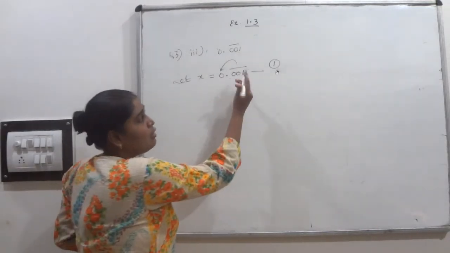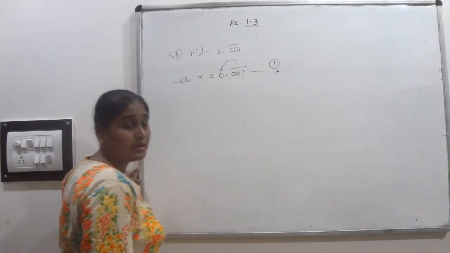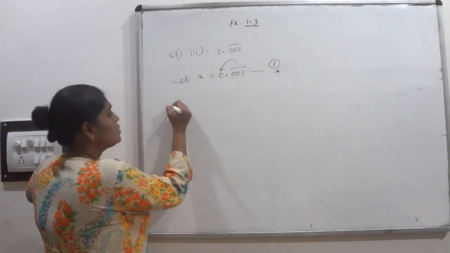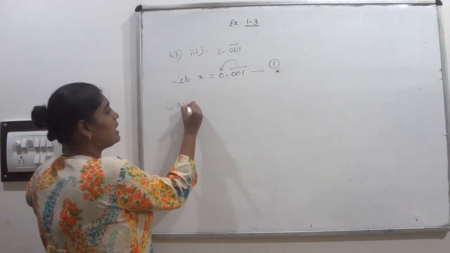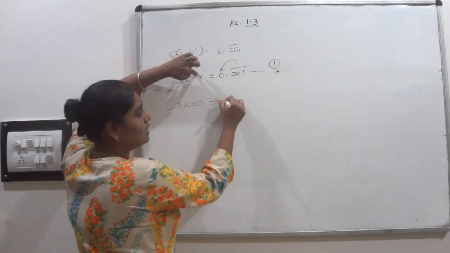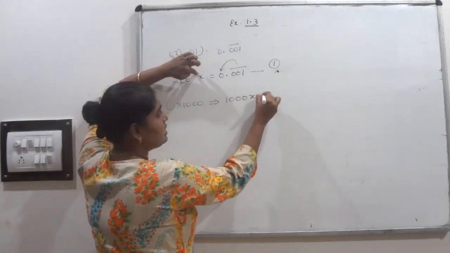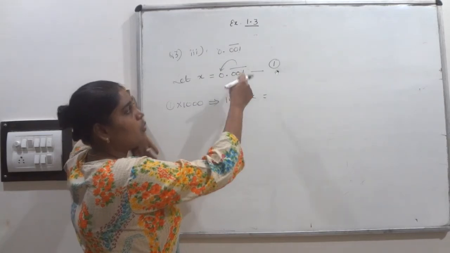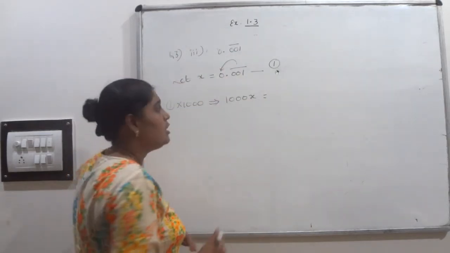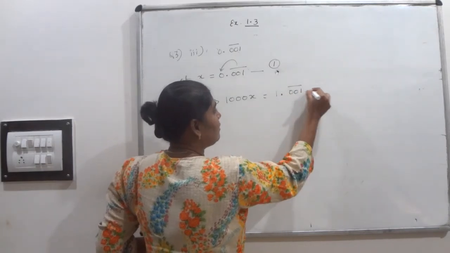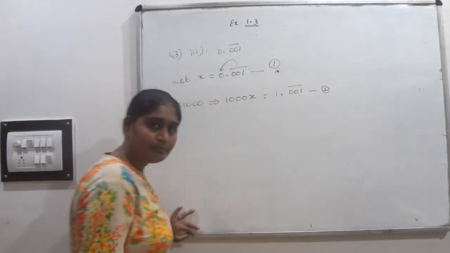Under the bar, how many digits are there? 3 digits. That's why I multiply by 1000. So equation number 1 is multiplied by 1000, giving 1000x equal to 1.001 bar. This is equation number 2.